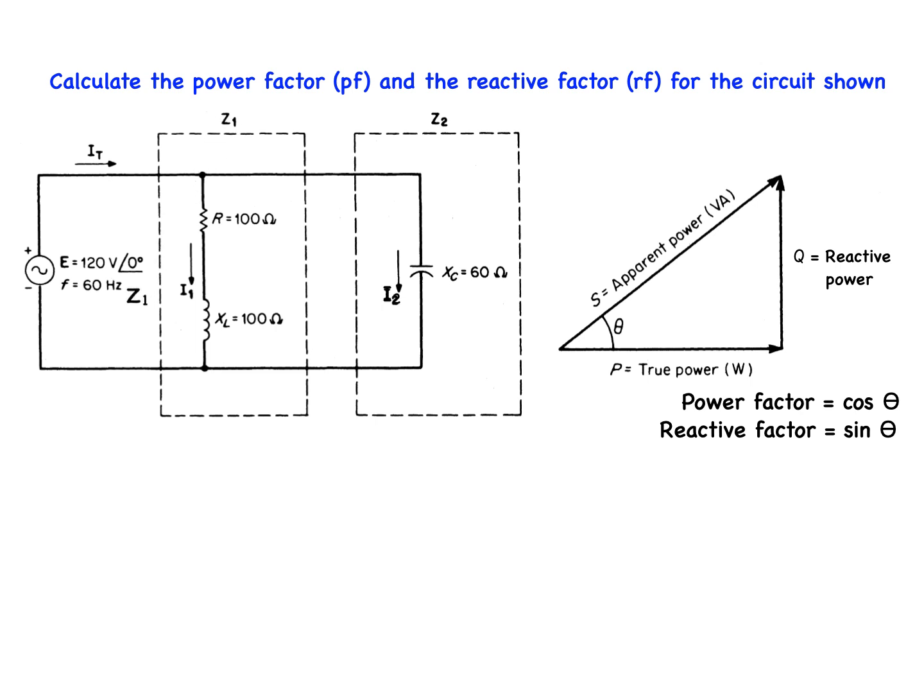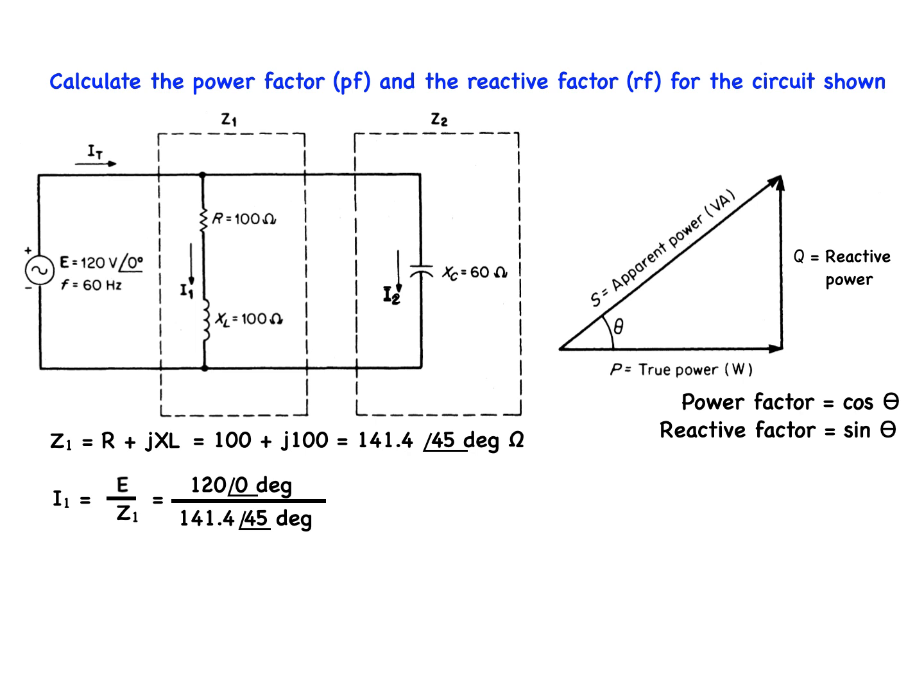In our problem, Z1 is equal to R plus jXL, which is 100 plus j100. That is equal to 141.4 at 45 degrees ohms. I1 may be found using Ohm's law, which is E over Z1, which works out to 120 at 0 degrees divided by 141.4 at 45 degrees.